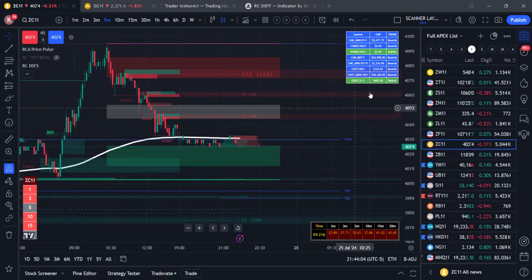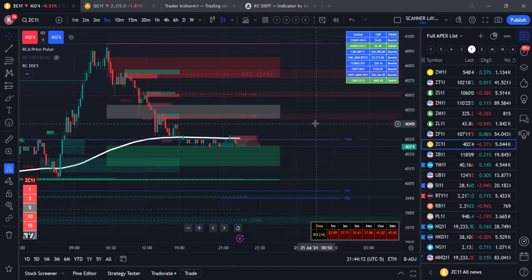Some of these agricultural tickers are very slow during this time. Corn, if we take a position, we have to wait for 1 to 2 hours minimum. So not entering anything.